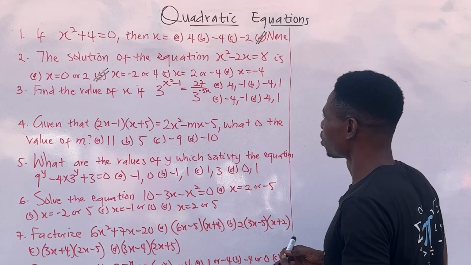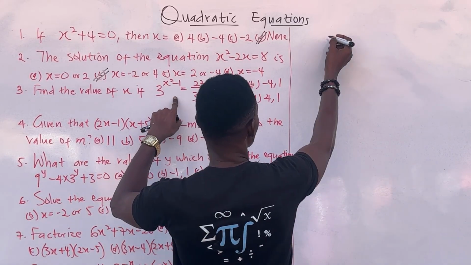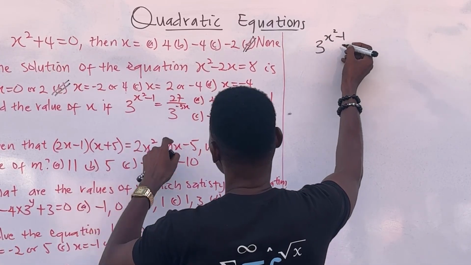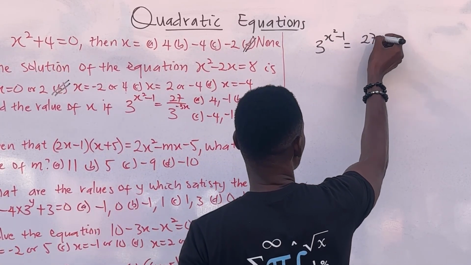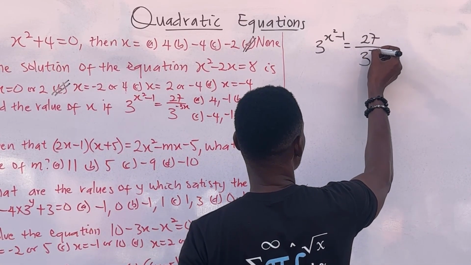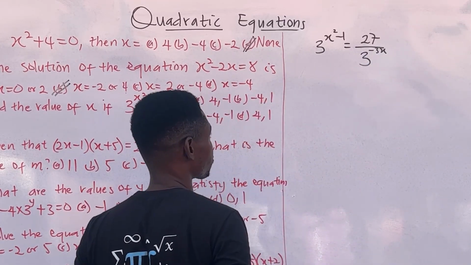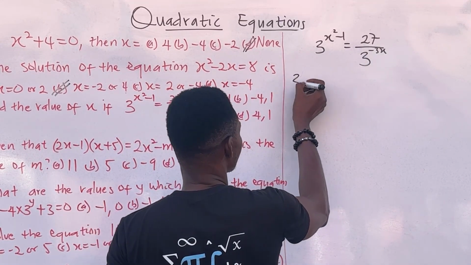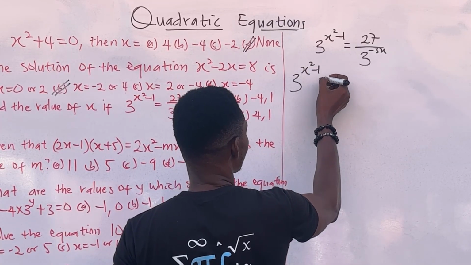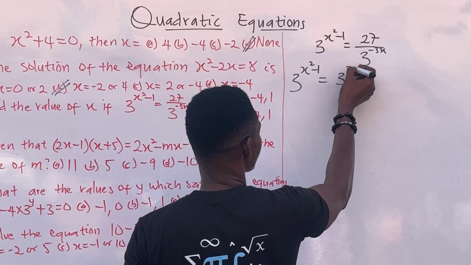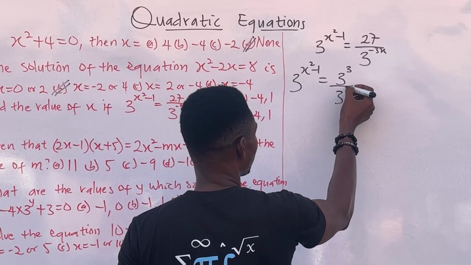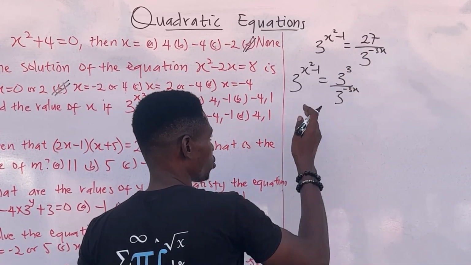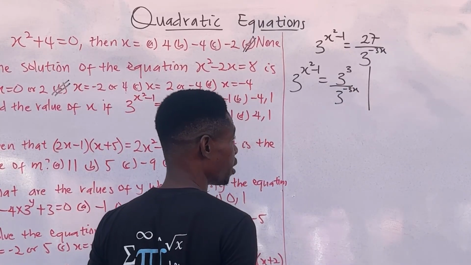So thankfully we've learned exponential equations already. So we have 3 raised to the power x squared minus 1 equal to 27. This is the question now. We have 3 raised to the power minus 3x. So this can be written as 3 raised to the power x squared minus 1 equals 27 over 3 raised to the power minus 3x. 27 is 3 cubed.